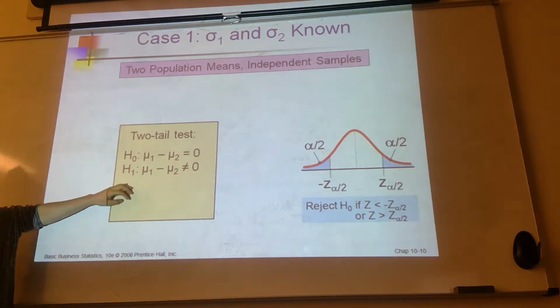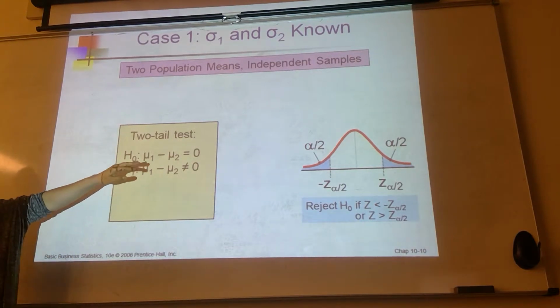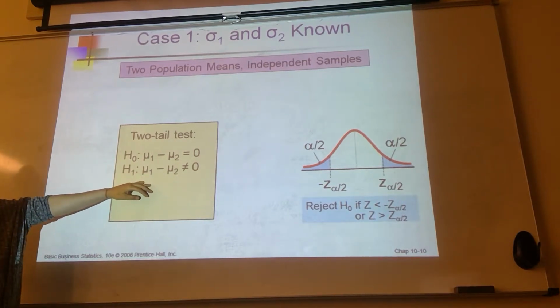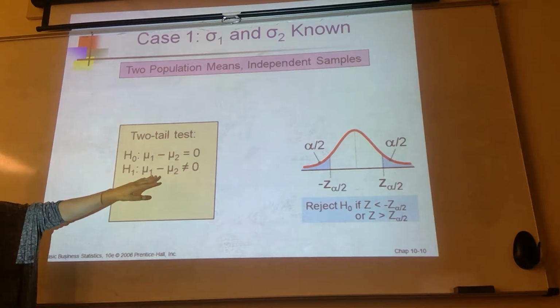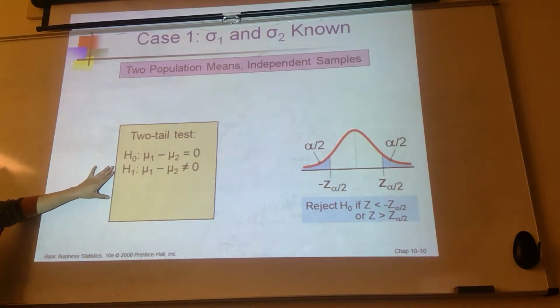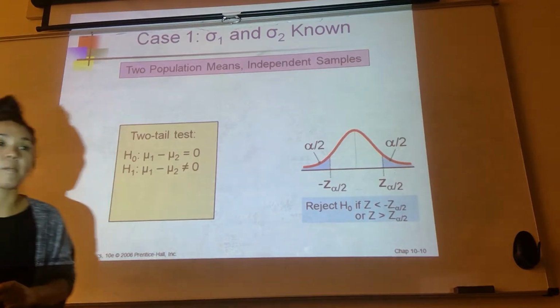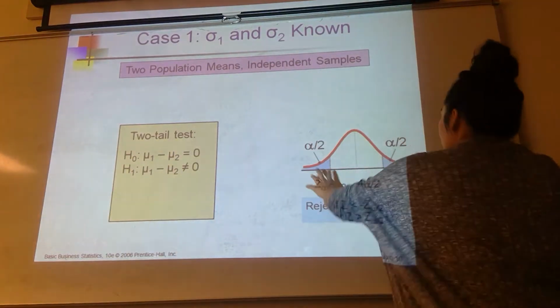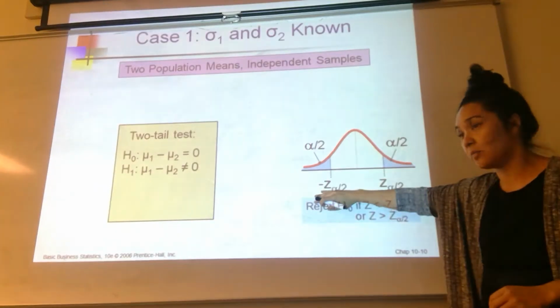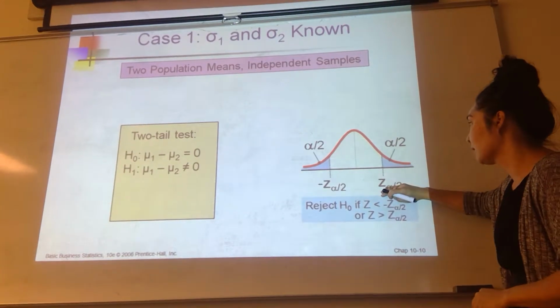The alternative hypothesis says there is sufficient evidence that there is a difference between the two means given. That's what mu1 minus mu2 not equal to 0 means. So again, notice the picture. This is our z critical value, minus and plus.